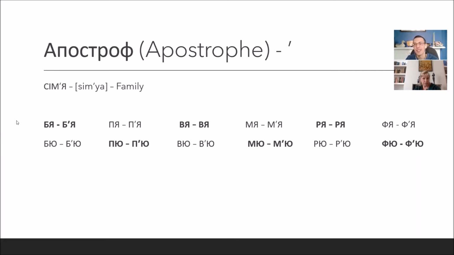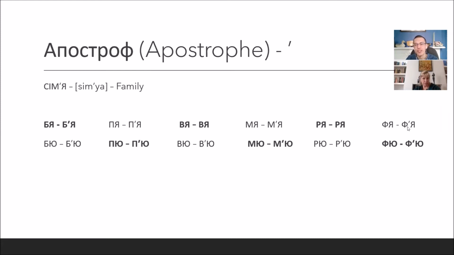For example, so you understand the difference better, I'm going to pronounce some words without the apostrophe and with. Bia without, bia with. Pia without, pia with. Via without, via with. Mia without, mia with. Ria without, ria with.